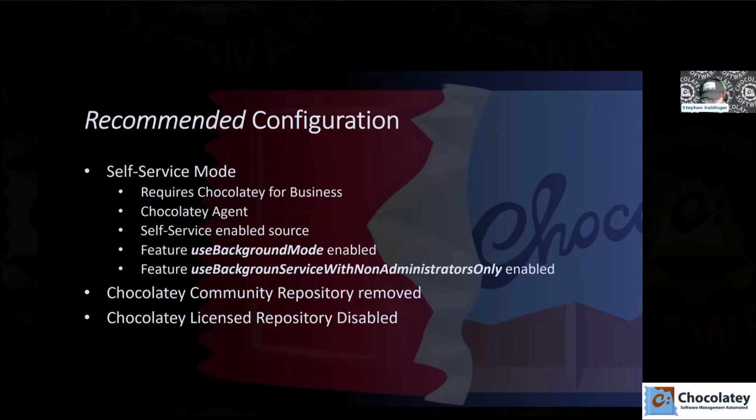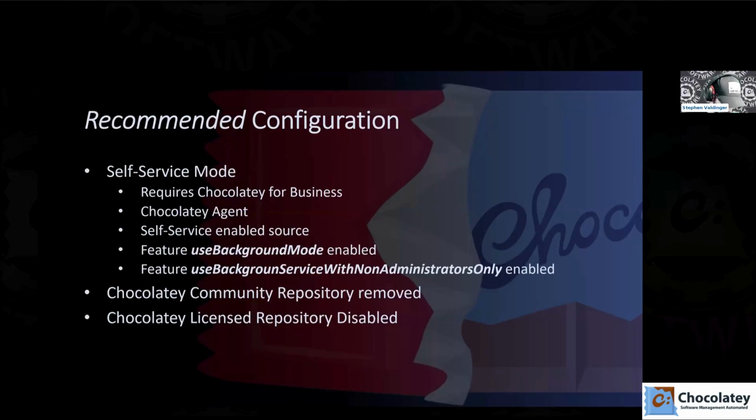Another couple of important recommended configurations. We want you to have a single source of truth where your packages come from. Now, you might have more than one source of truth where packages come from, right? You might have a repository per business unit, or a repository per location, or whatever.